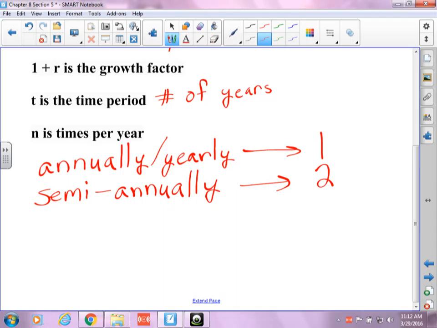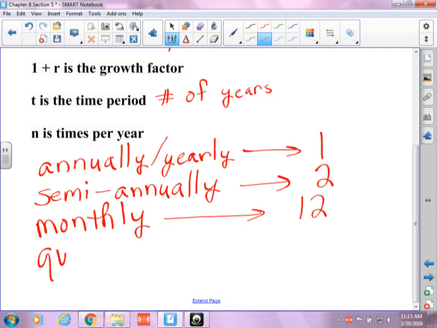Okay. We're going to look at monthly. How many months are there in a year? 12. We're going to look at quarterly. Good guess.